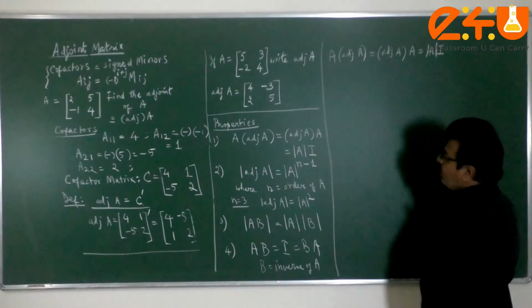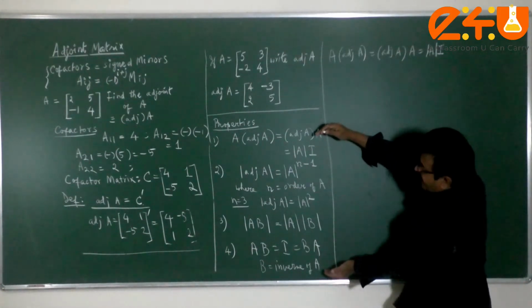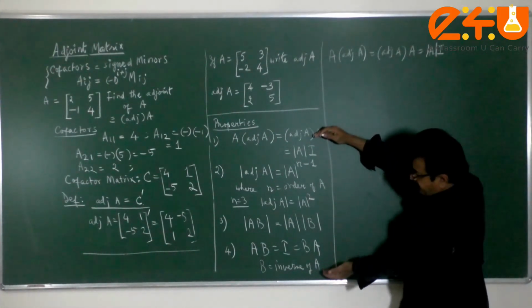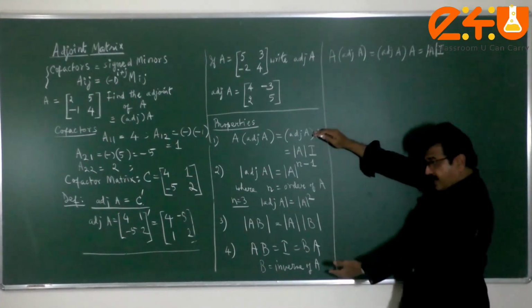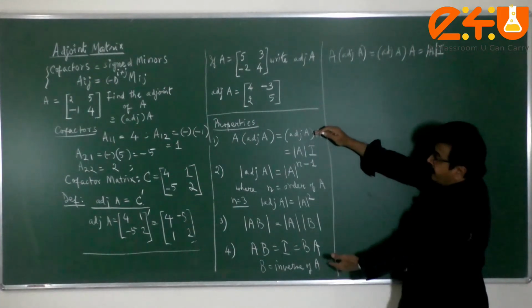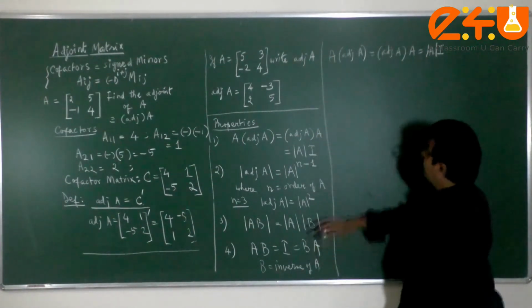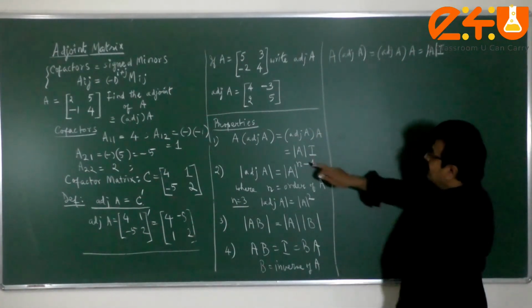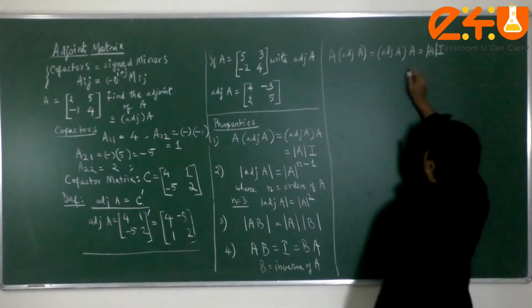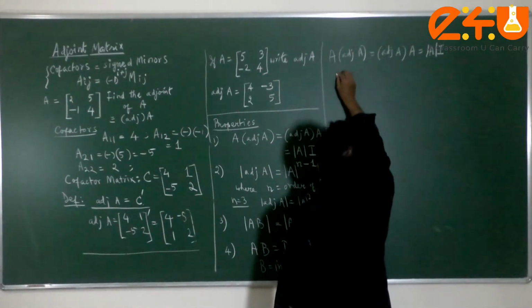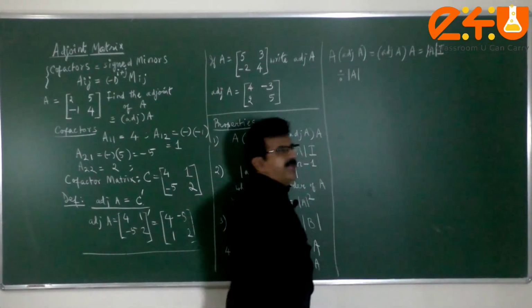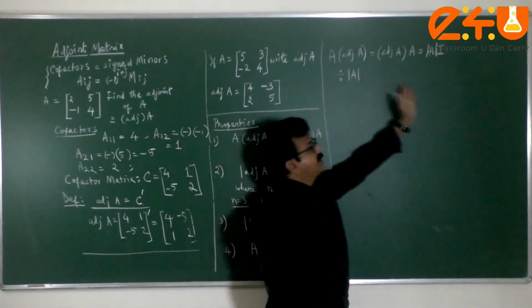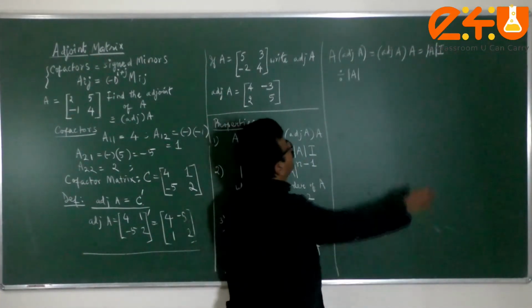Well, I want to somehow compare property 1 with property 4, the definition of the inverse matrix, which I have written as number 4. So how do I do it? The right side is determinant A times I. Determinant A is a scalar quantity, so I divide everywhere by determinant of A so that the value of the equation doesn't change.